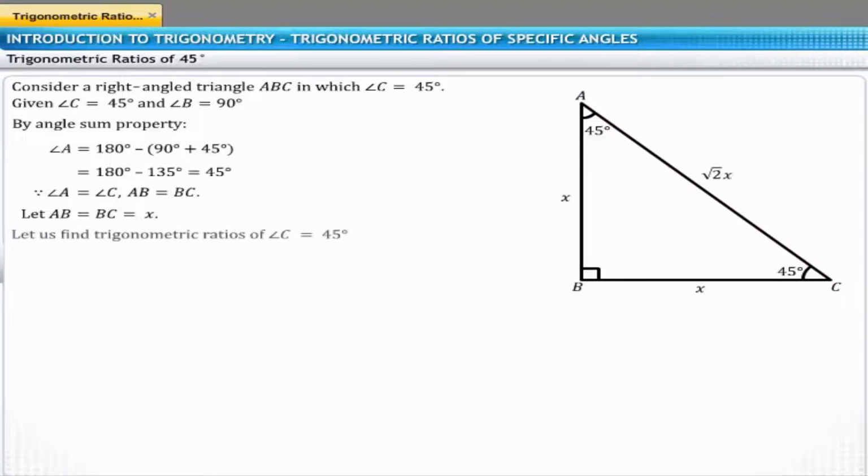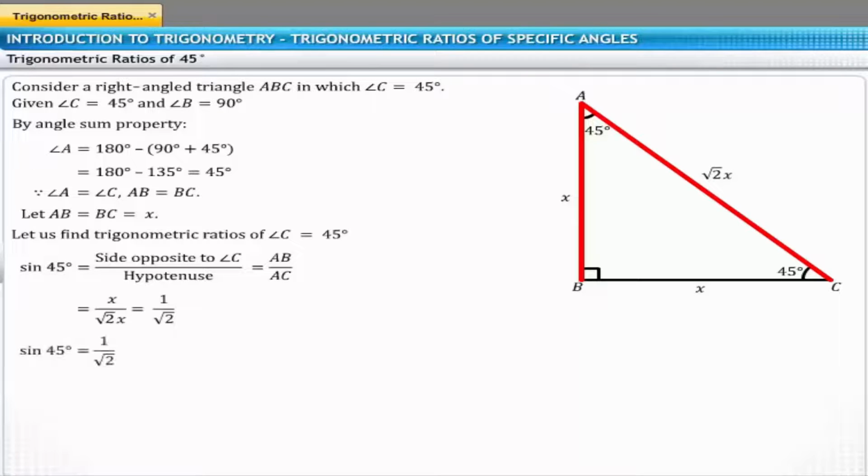Now, we are all set to find trigonometric ratios of the 45-degree angle C. Sin 45 degrees is equal to the ratio of AB, the side opposite to the angle C, and the hypotenuse AC. Putting in the values of AB and AC, we get sin 45 degrees as 1 by root 2.